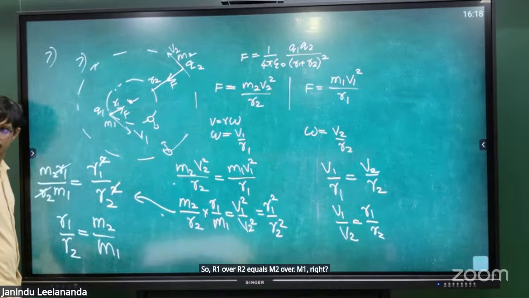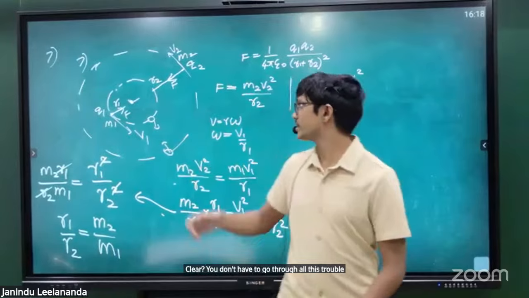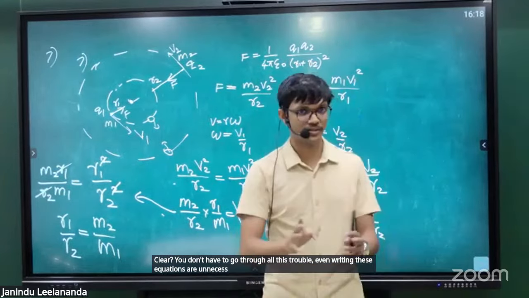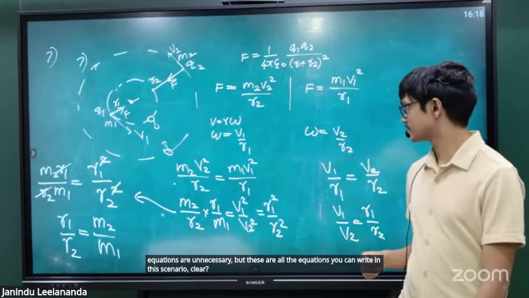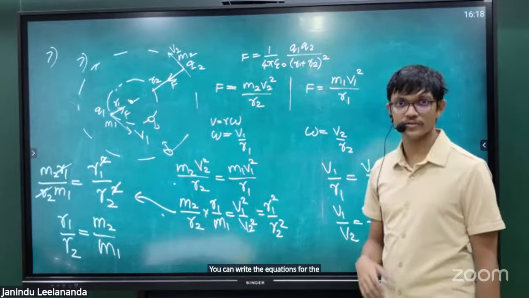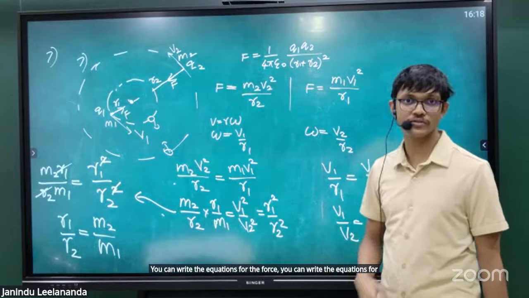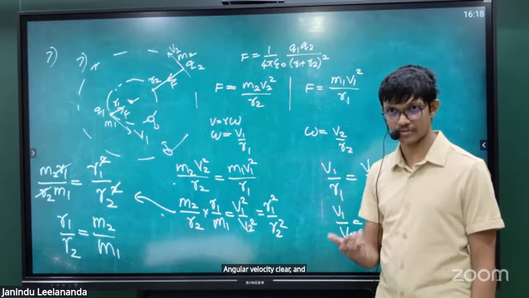Clear? You don't have to go through all this trouble. Even writing these equations is unnecessary, but these are all the equations you can write in this scenario. You can write the equations for the force, for the centripetal force, and for omega, angular velocity. And the angular velocities should be equal.